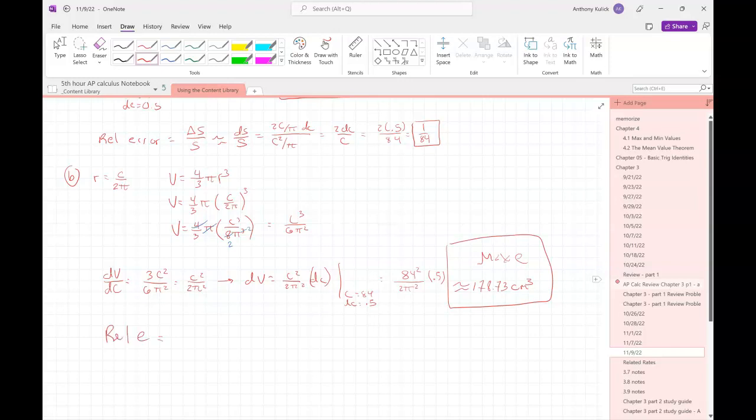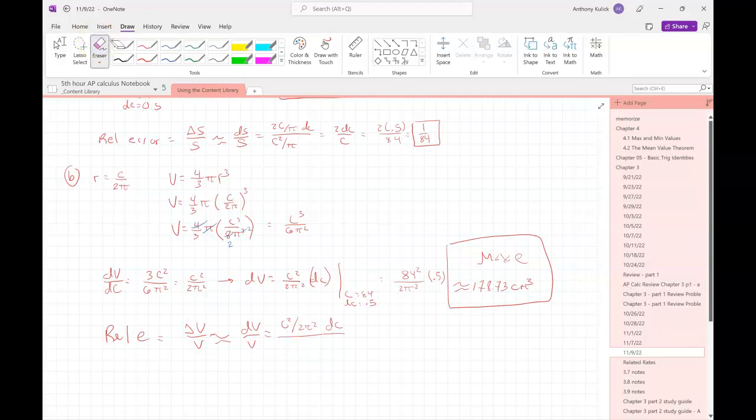And our relative error is going to be delta V over V, which is approximately the same thing as dV over V. So dV was c squared over 2 pi squared dc, and volume is 4/3 pi, oh no, wait a minute, what was our volume? That's not how we wrote it.